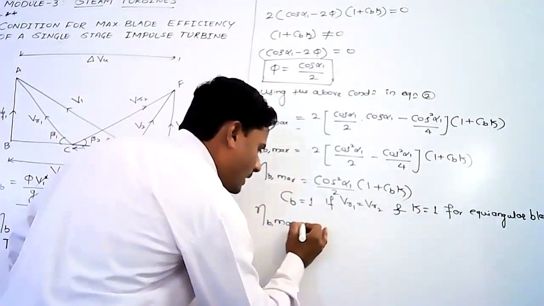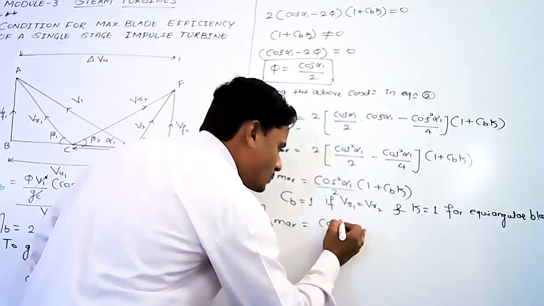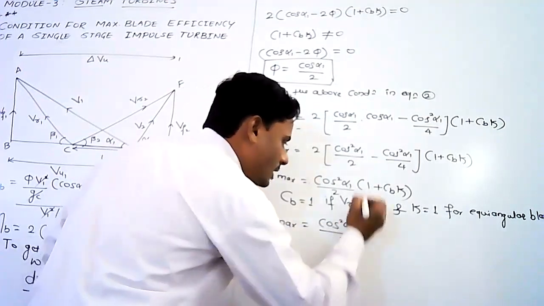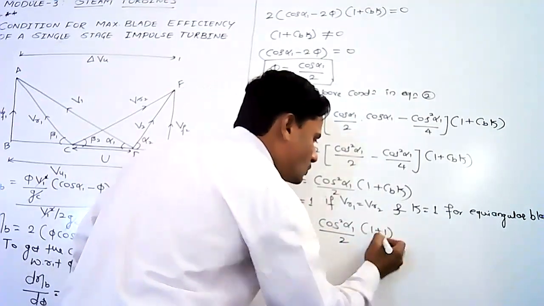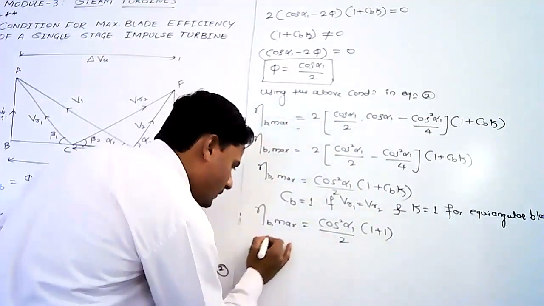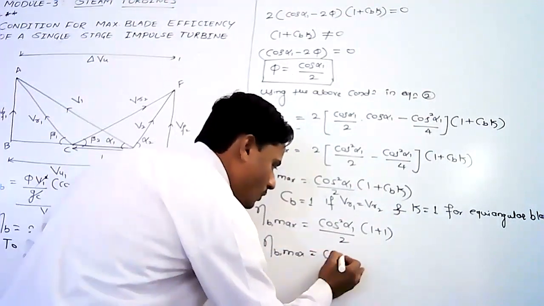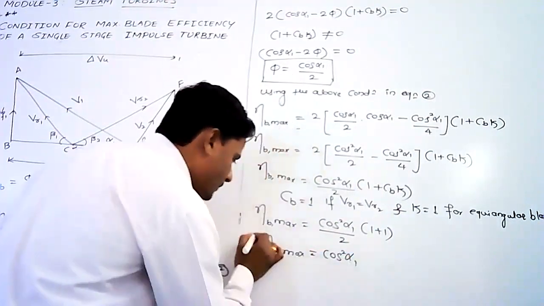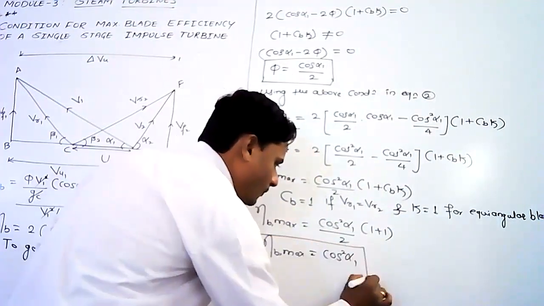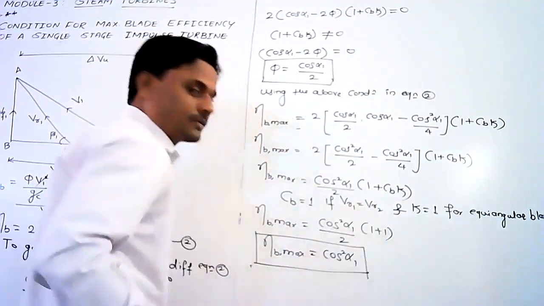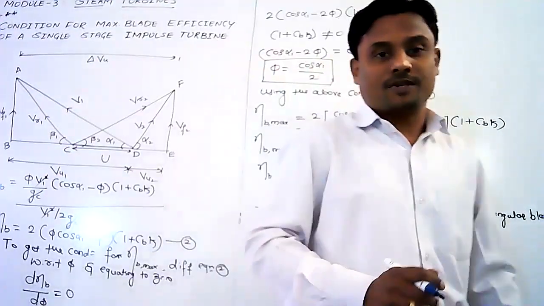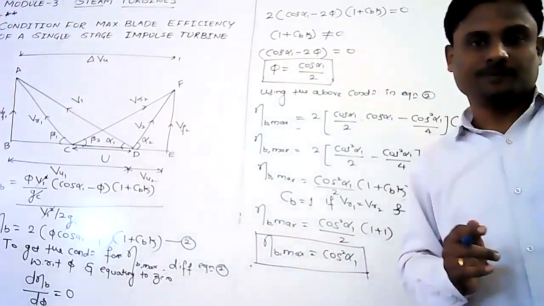So cos square alpha 1 by 2 into 1 plus 1, that is 2. 2 will get cancelled. So we are left with the maximum blade efficiency equal to cos square alpha 1. So this is the final equation for maximum blade efficiency for a single stage impulse turbine.